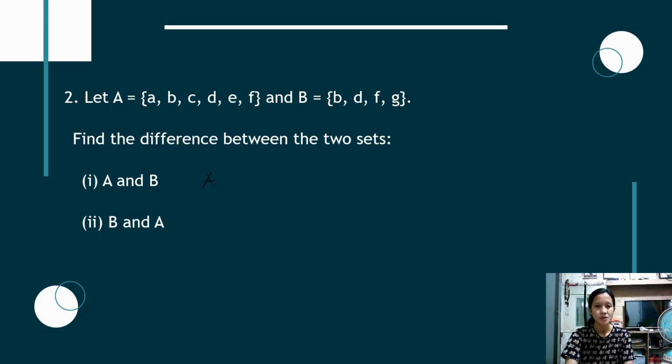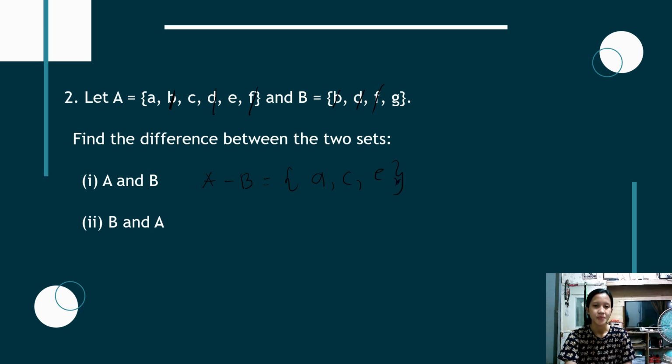So A minus B. What are the elements of A that are not present in B? We have B here, so cancel it. We also have D, and we also have F. That is why A minus B is A, C, E only.